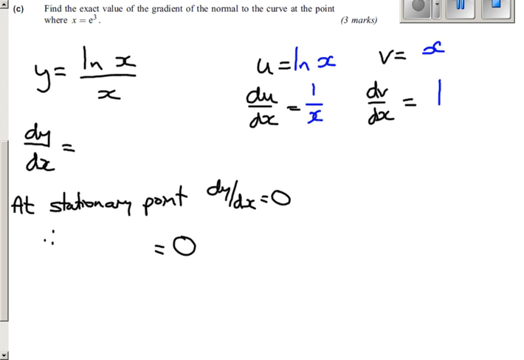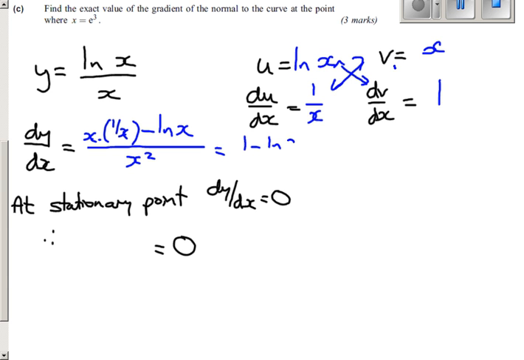And dy by dx is v du dx, those two things times together, minus u dv dx, those two things times together, all over v squared. Of course, these two just cancel out, so we get 1 minus ln x over x squared.